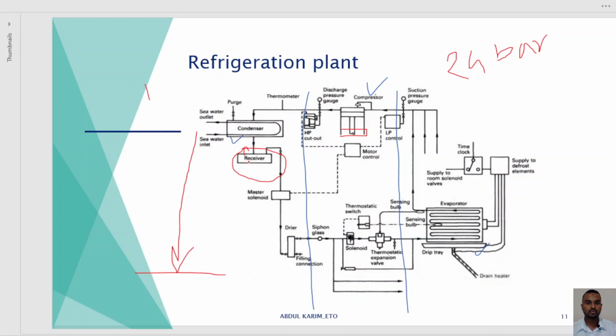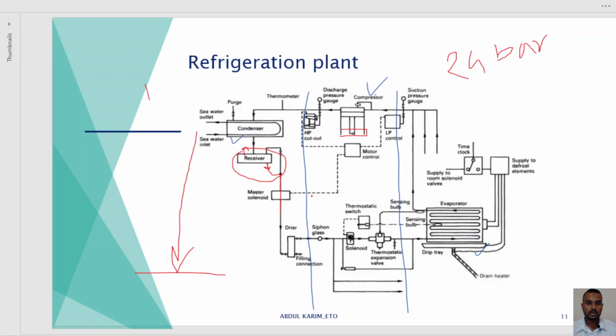By this air vent we can let out the air if our system has any air in the refrigerant. And there is the drain valve. From this drain valve, our refrigerant will come down through the solenoid valve, and it will go to the dryer and sight glass.